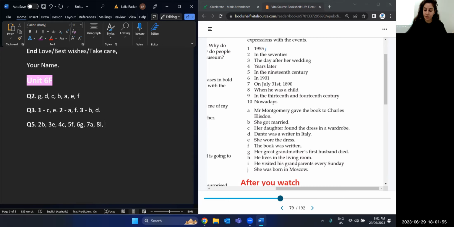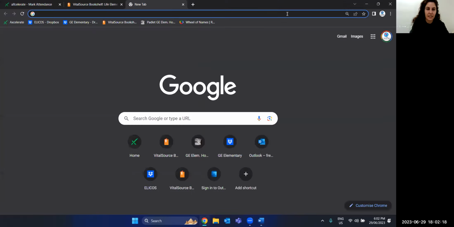In the 13th and 14th century, Number D. D. Dante was a writer in Italy. And nowadays, C. he lives in the living room. Yes. So this is Dante. Let's go back and have a look at who this Dante, the object number 3.